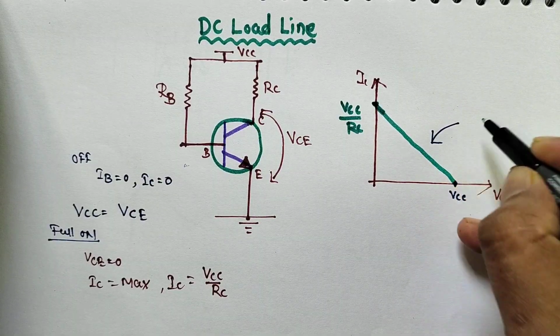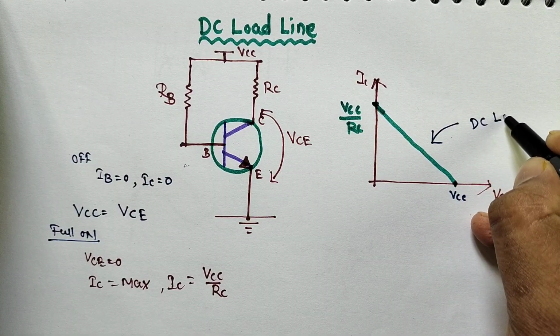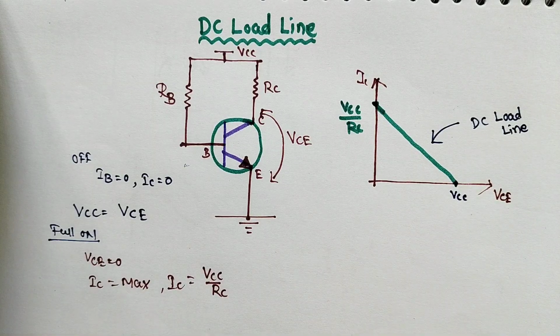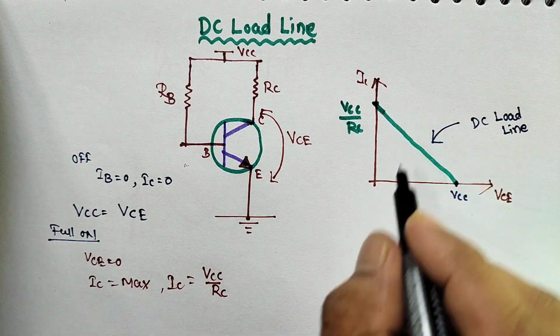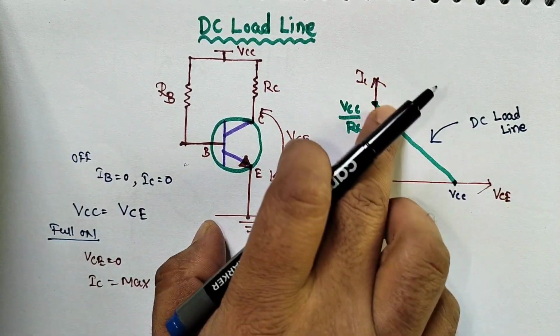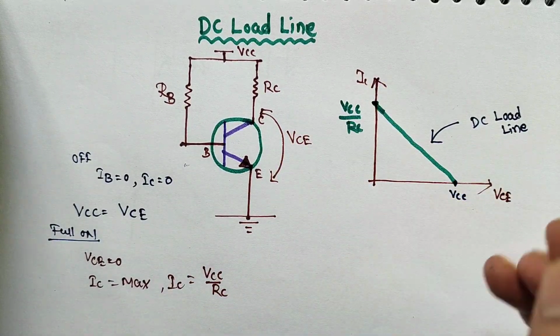The stable point must lie on this DC load line only.